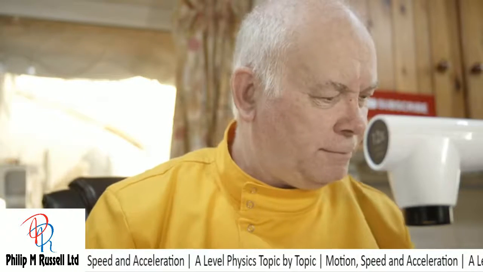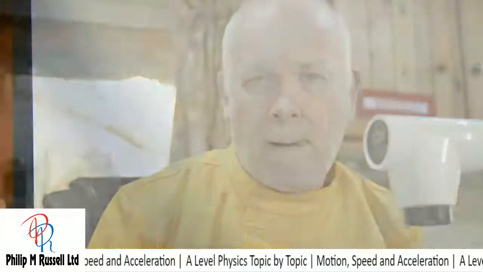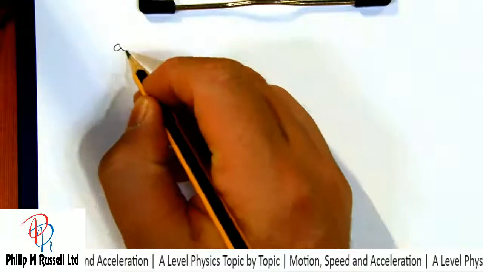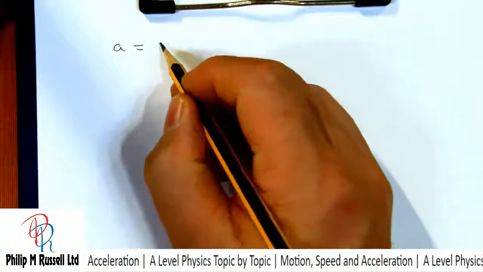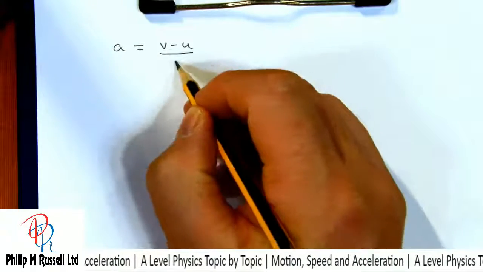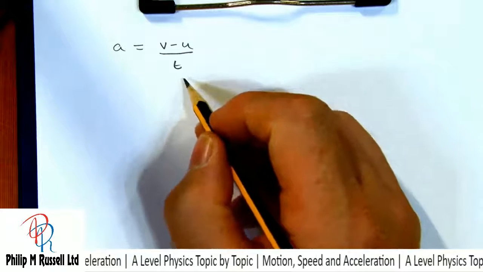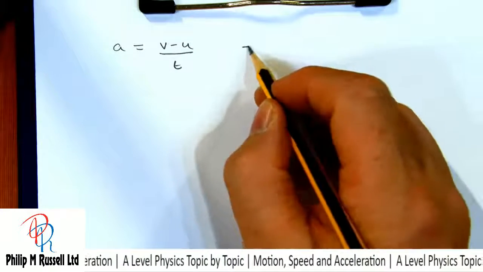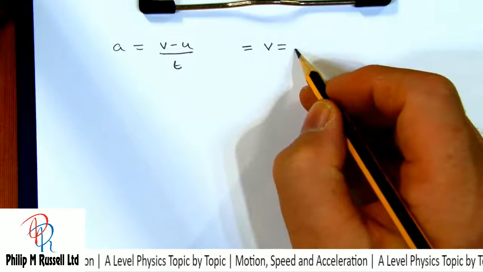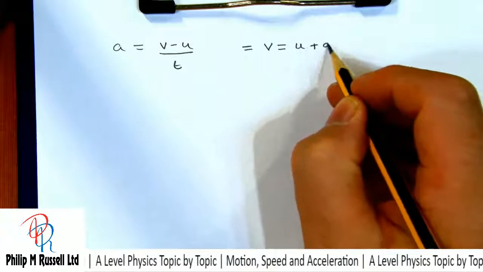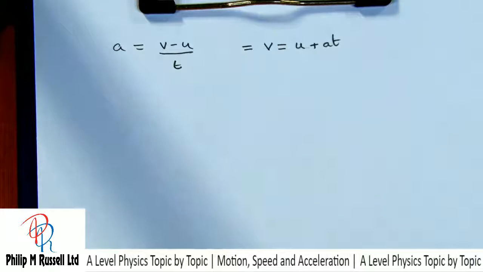But let's see what we've got. We've got then the fact that acceleration equals v minus u over t. I can rearrange this quite happily to say that my velocity is u plus at.